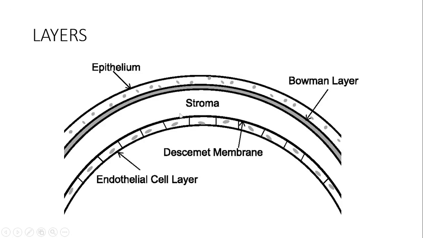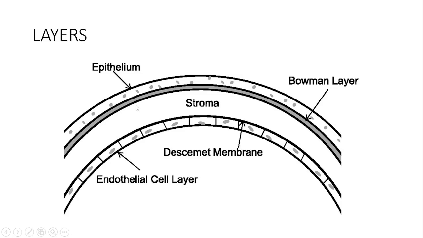And 25% is made up of chondroitin sulfate, and another 25% of chondroitin phosphate. So 50% keratan sulfate, 25% chondroitin sulfate, and 25% chondroitin phosphate. That is the stroma and its composition of glycosaminoglycans.